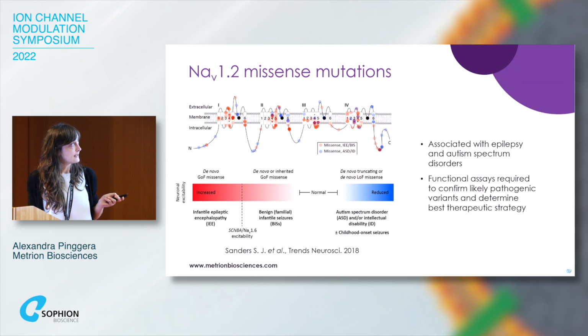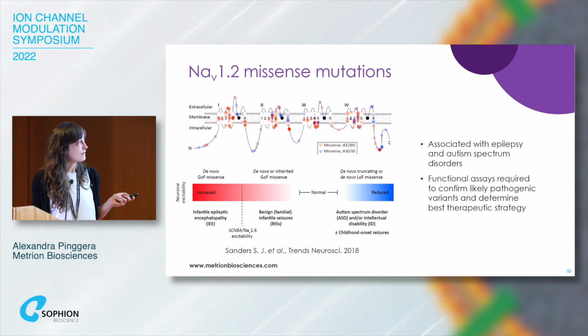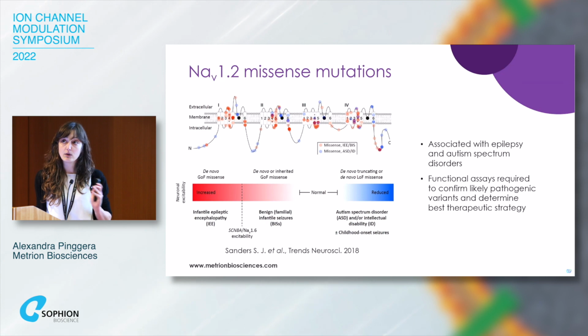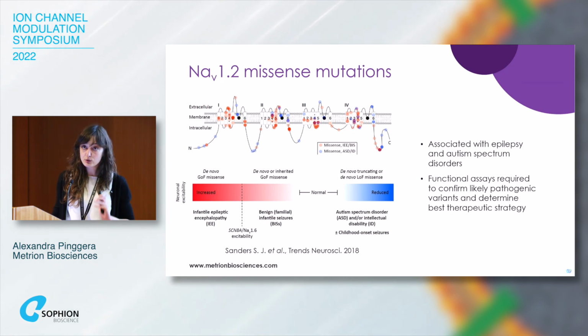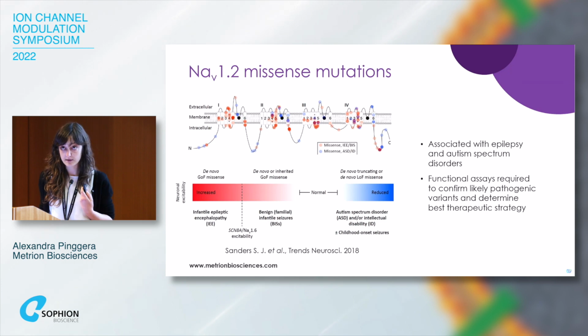Now, the cessation of the seizures in these more benign variants seems to coincide with the developmental switch to NaV1.6, which has a lower activation threshold and is then recruited to the axon initial segment and takes over the role of action potential initiation. However, this developmental switch seems not to be able to compensate for these stronger gain-of-function mutations.